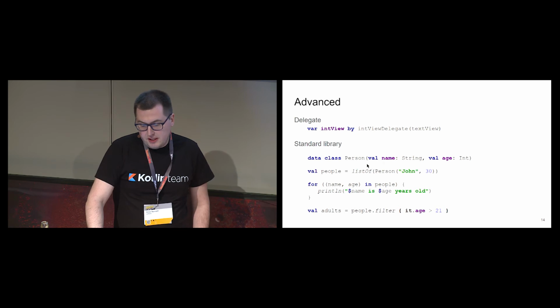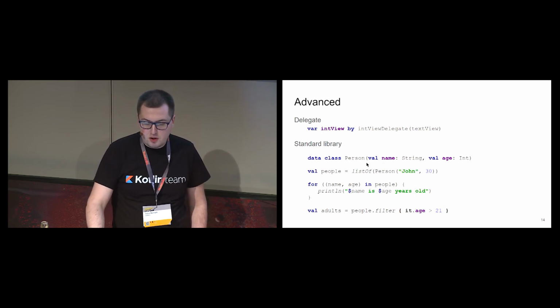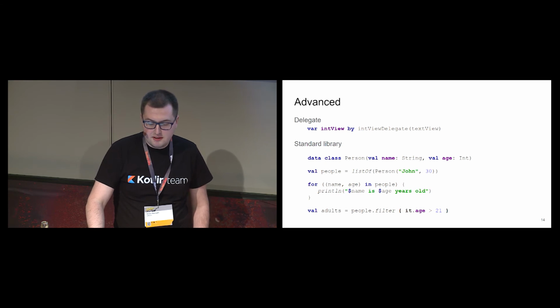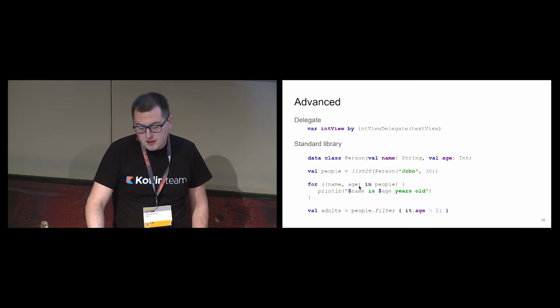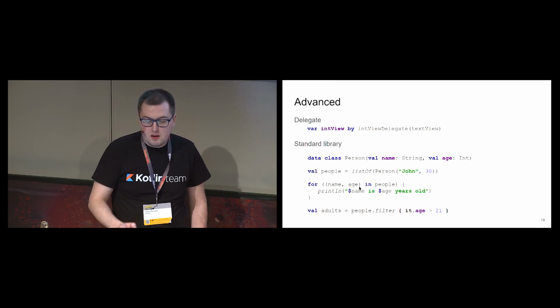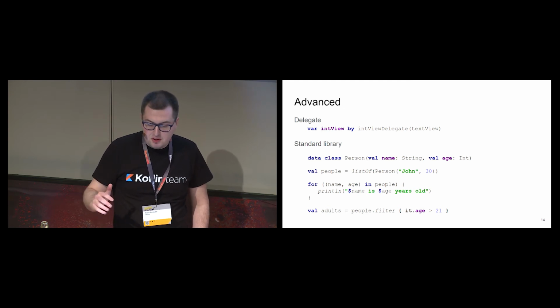Other things include data classes. It's like POJOs with all the stuff you need generated, like hash codes, toStrings and stuff. We have helper methods to create lists, collections, and other things. Data classes, arrays, collections, you can destructure when you need them. So, for instance, in this case, you don't need to say for every person in people, println person.name and stuff.